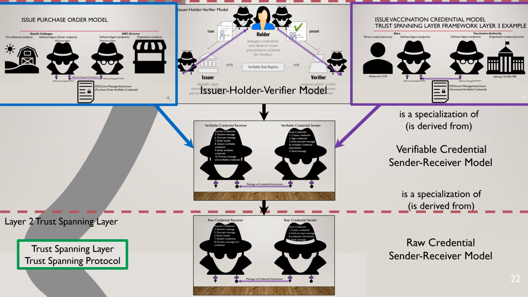We have the issue vaccination credential model on the right, and it's symbolized by the purple arrow on the right, and we can see that really these are all synonymous in terms of them being specializations and derivations of the underlying verifiable credential model in the middle.